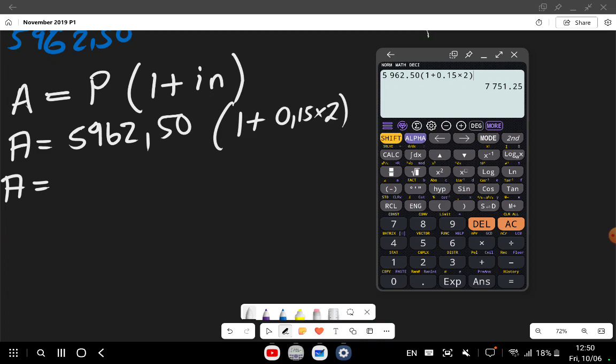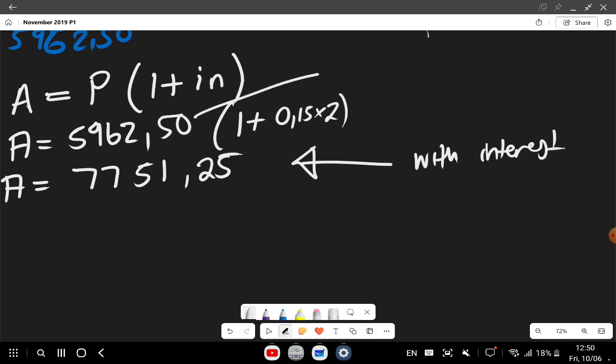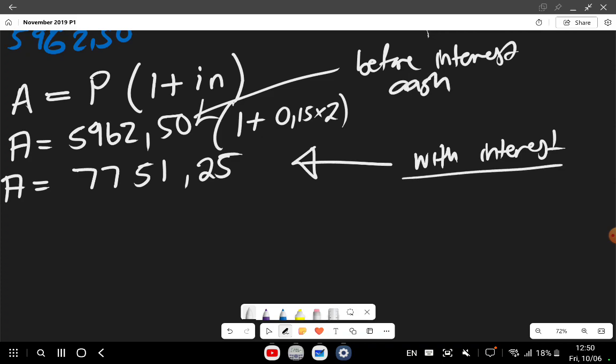That gives me a total of 7,751.25. So this is what he pays with interest, and this is what he pays before interest. So this is the cash price, remember, and this is the hire purchase price.